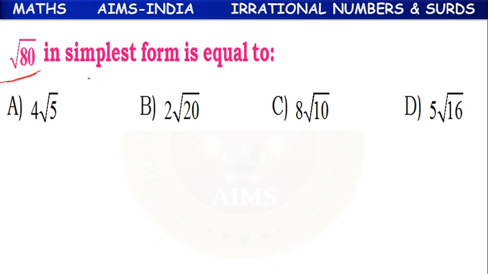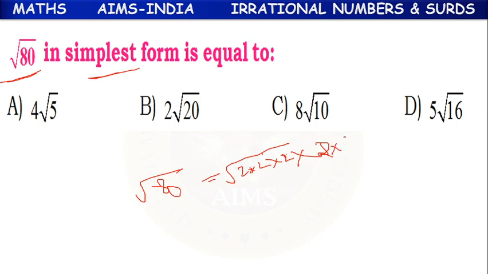Root 80 in simplest form. They are asking the value of root 80. We can write it as 2 into 40, again 2 into 20, again 2 into 10, again 2 into 5.